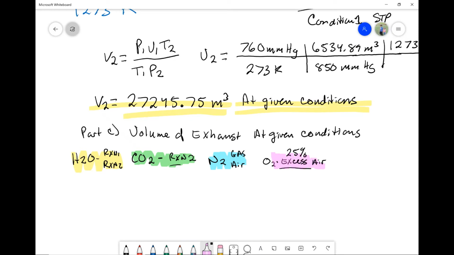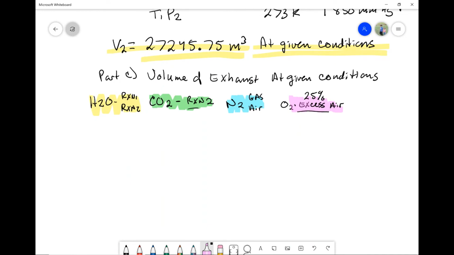All right, so let's start off by figuring out the H2O. And this is going to work out great because we're going to figure everything out in cubic meters, which is a volume. Sorry for the sloppy writing.